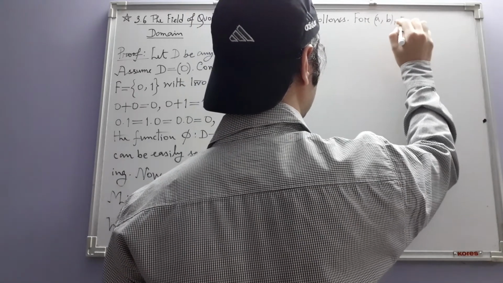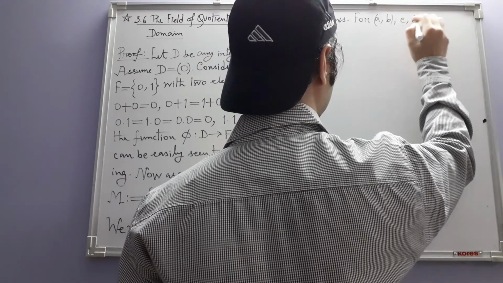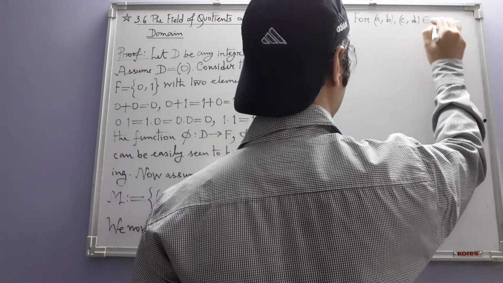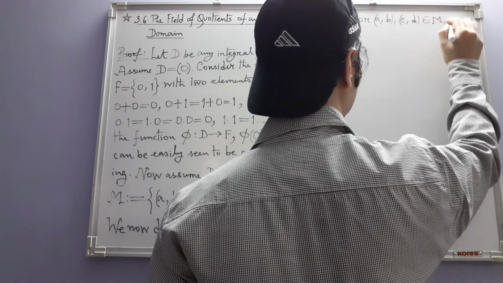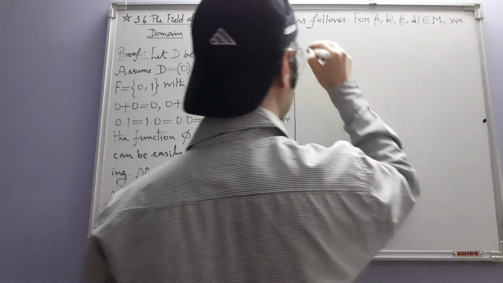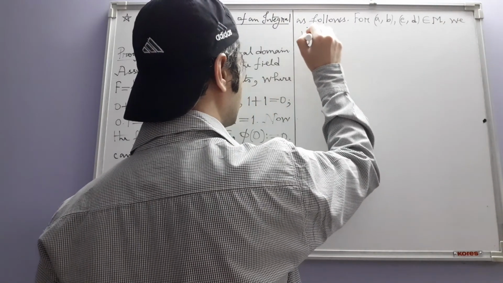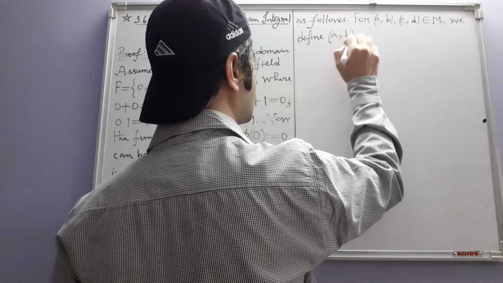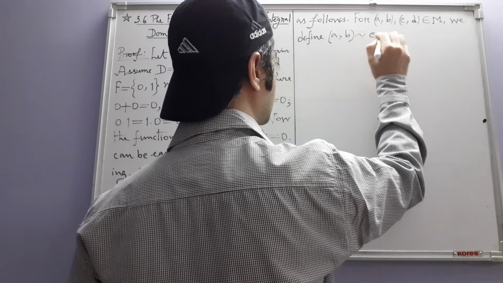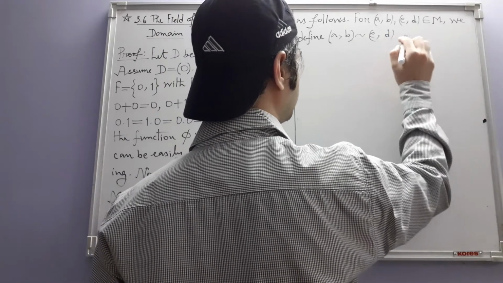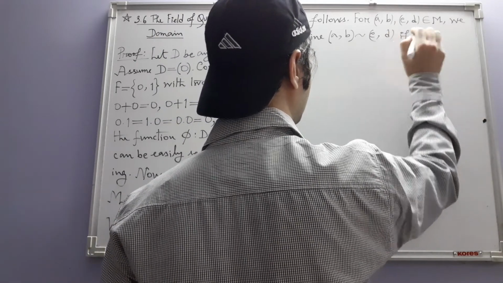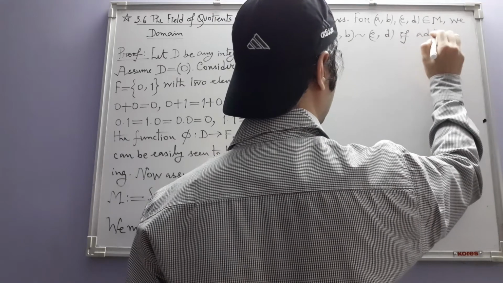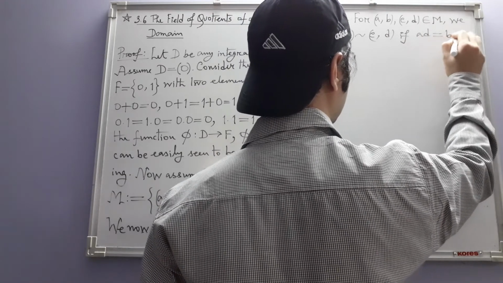For (A, B) and (C, D) belonging to M, we define (A, B) is related to (C, D) if AD is equal to BC.